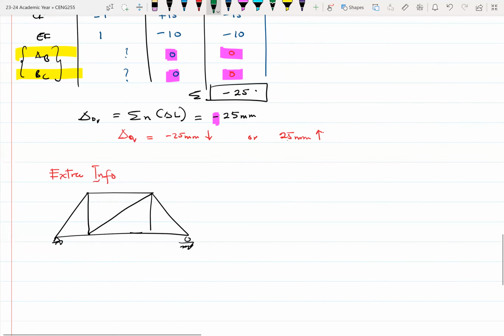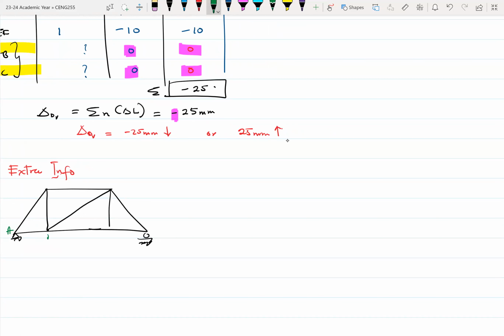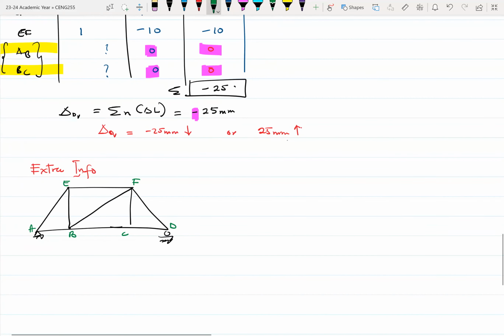And this is A, B, C, D, and maybe E and F. And let's say the question states, determine the vertical displacement at C. So it means that we are focusing on this point right here.